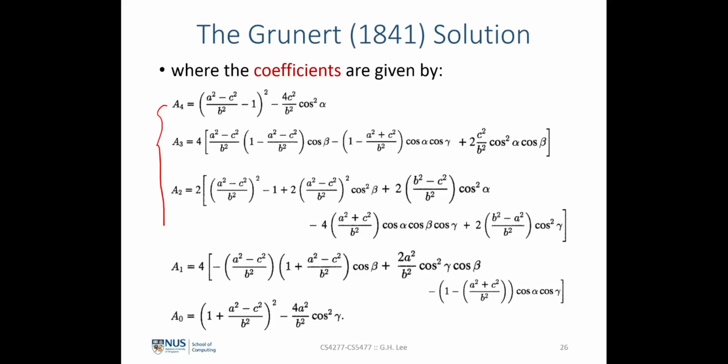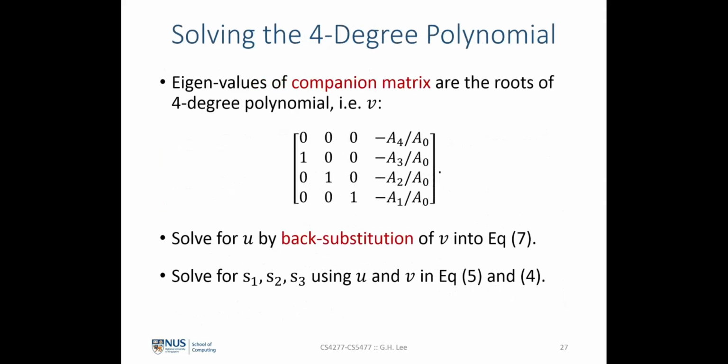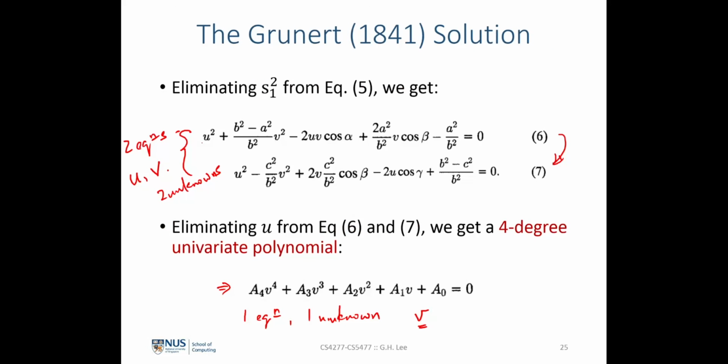So once we have the 4-degree polynomial that we have seen earlier in this slide, the objective now is to solve this 4-degree polynomial for the unknown variable v, which will give us up to 4 real solutions, because it's a 4-degree polynomial.